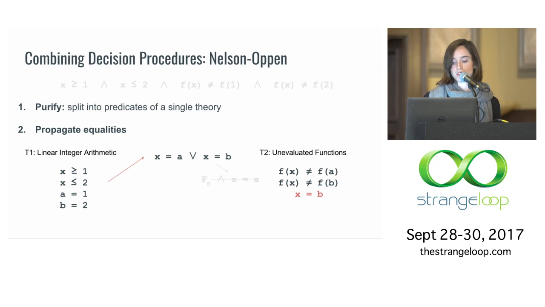So we can backtrack: x equals a results in a conflict, but what if we choose x equals b instead? We can send that over. Unfortunately it is not able to say that x equals b either, because f of x does not equal f of a and does not equal f of b. So we've learned that this set of 4 predicates cannot all be true together, and we can propagate that back up to our SAT routine and use that to continue reasoning about the Boolean logic.